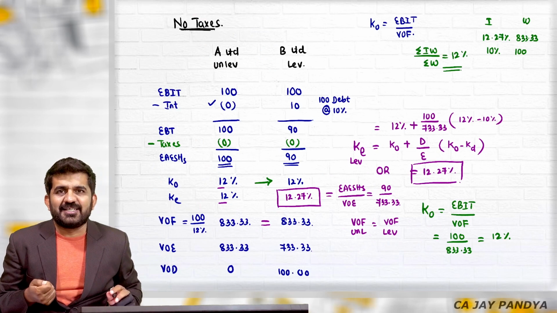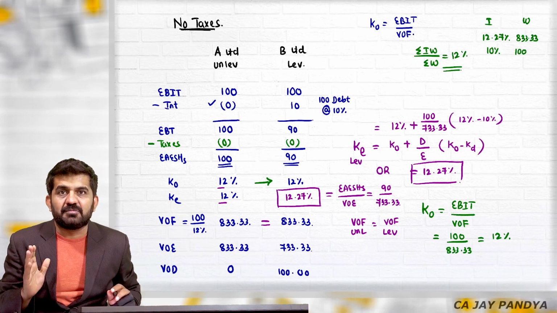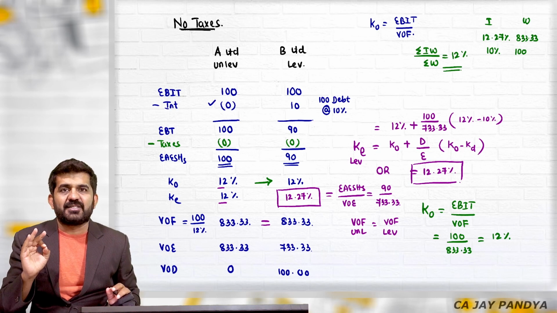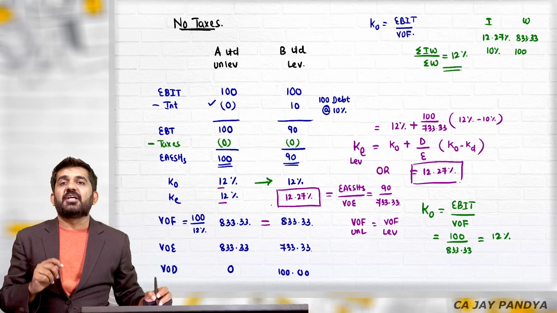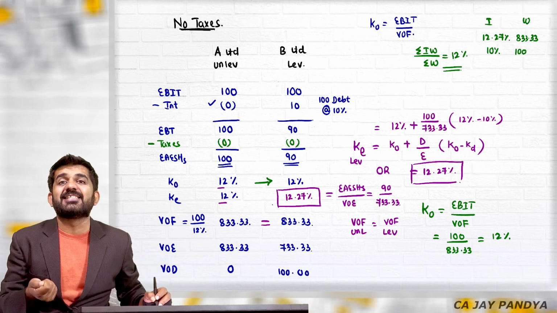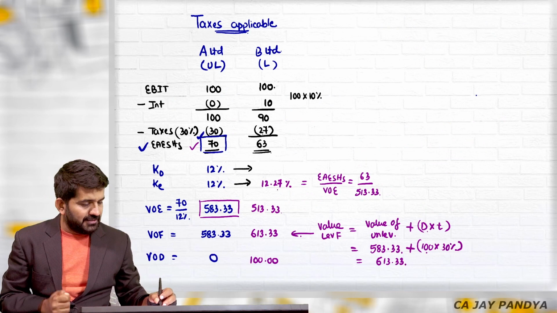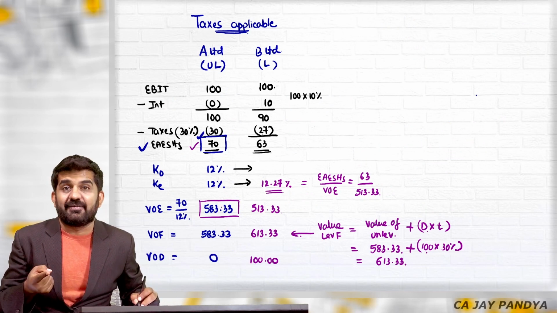In no taxes also, this firm, which was a levered firm, a similar firm without taxes, 100 rupees of debt at the rate of 10%, the cost of equity was 12.27%. When there are taxes, cost of equity still remains 12.27%.